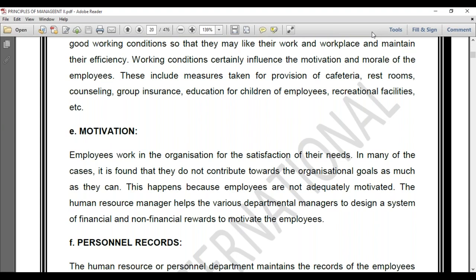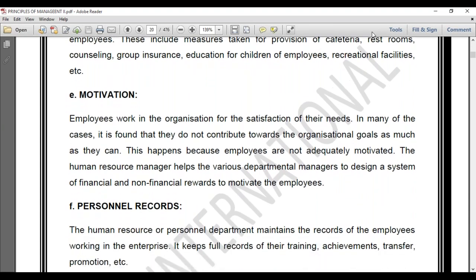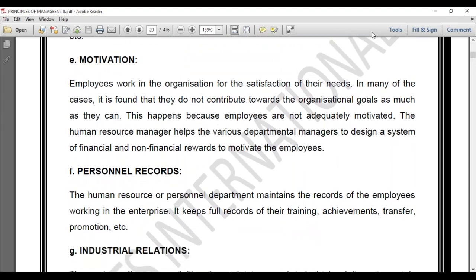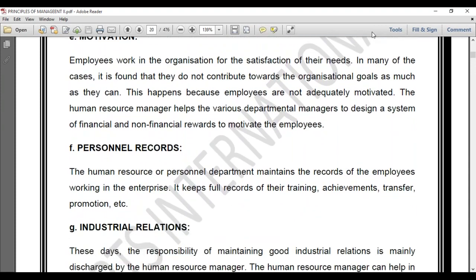Another operative function of the HR person we shall look at today is personnel records. The Human Resource Department keeps the personnel record of every employee in every organization. Call a human resource manager at any given point in time, and he will give you all the information you need concerning that particular employee, because they are the ones keeping the record. From the very moment you hire them to work with you in the organization till the time they go on retirement, a copy of their offer letter is in your care.